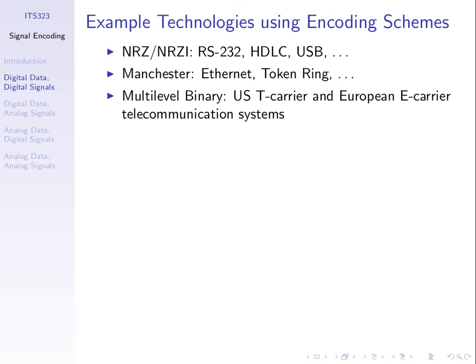Some telecommunication companies, to connect cities and countries in the past, used what was called T-carrier and E-carrier systems, which used bipolar AMI and these others, HDB3 and so on. So they are used in practice in real communication systems.